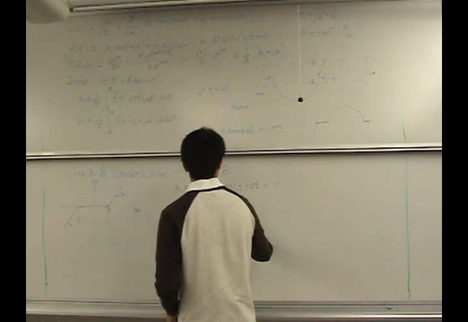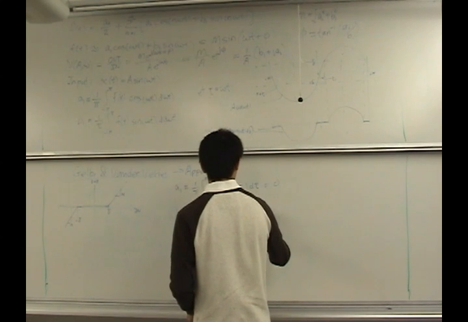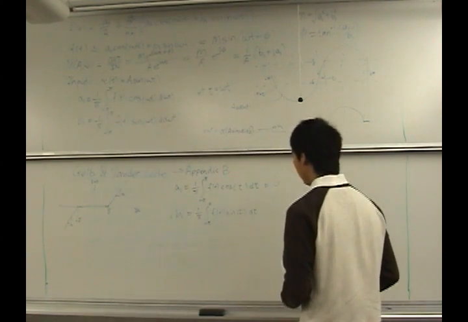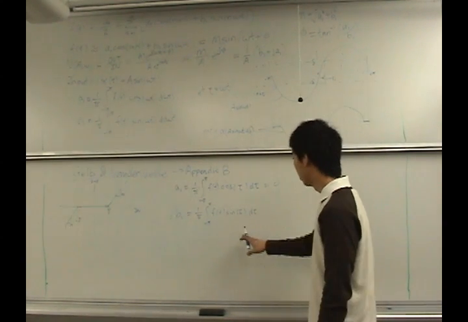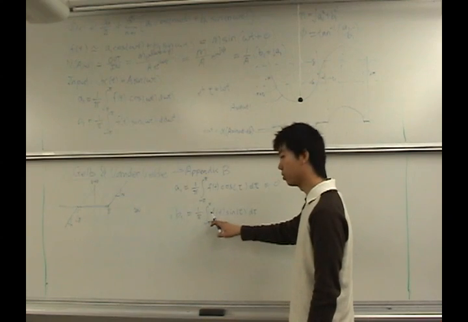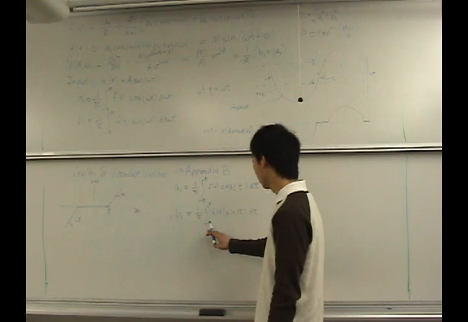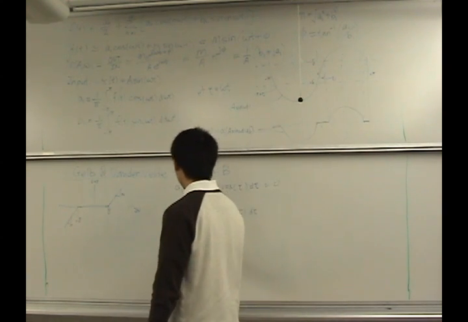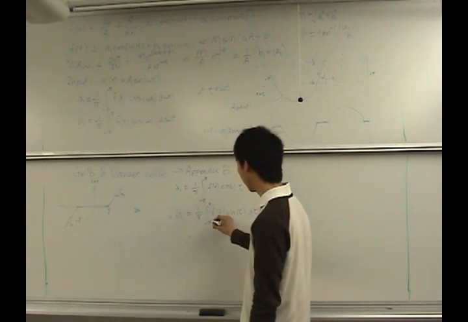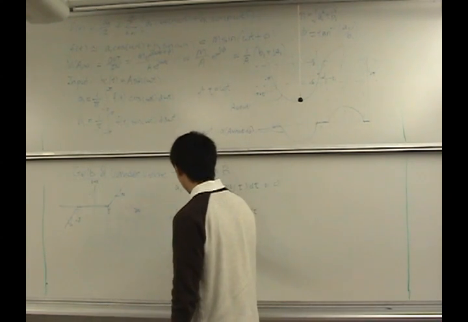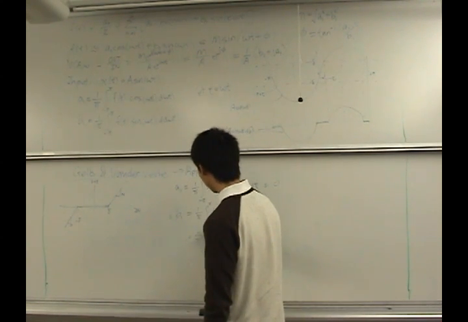This one's not going to be 0. The product of an odd function with another odd function is an even function. We can also say that the integral from negative pi to pi of an even function is just 2 times that same thing from 0 to pi.